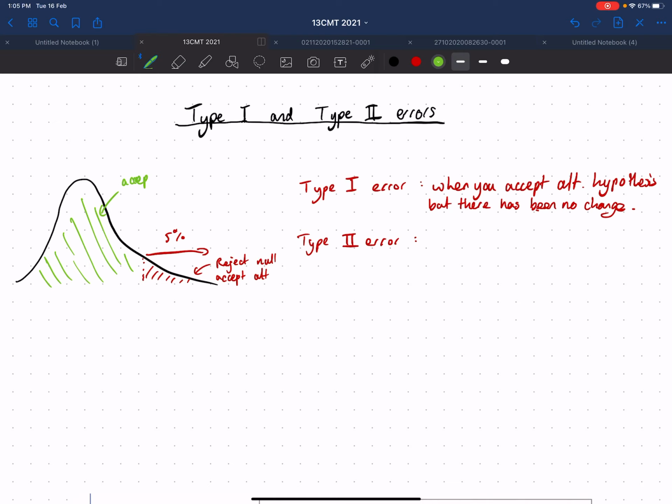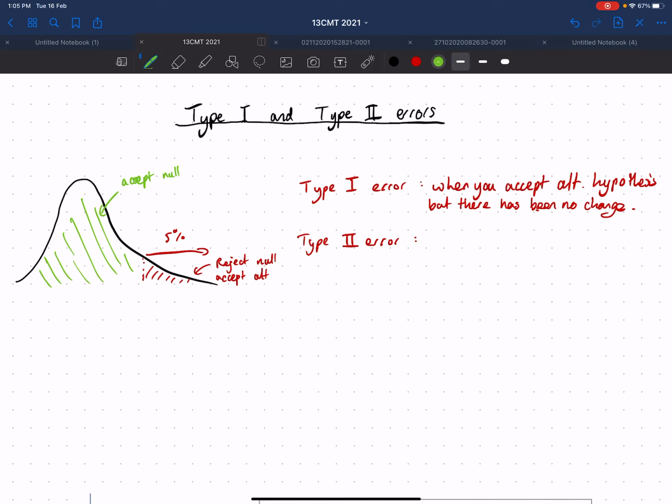However, there has actually been a change in the probability of something happening. So accept null. Okay. So it's when you accidentally end up in this green region when there has been an actual change to your probability.